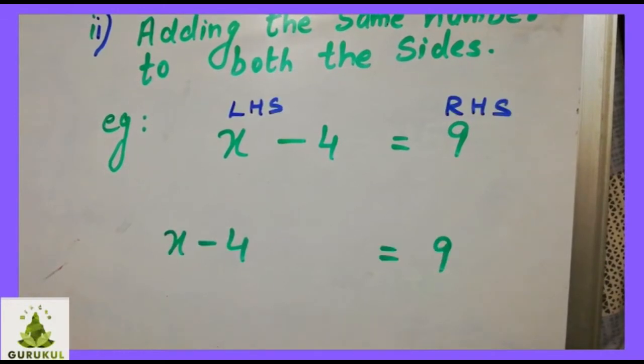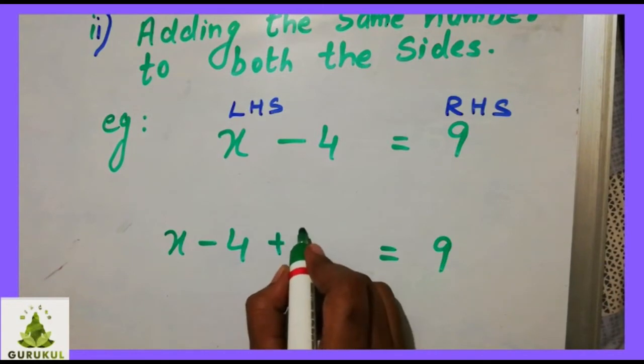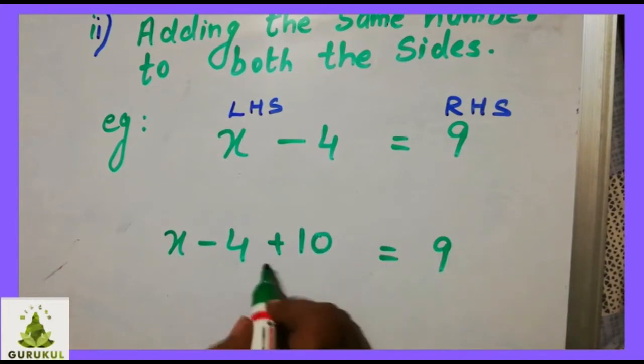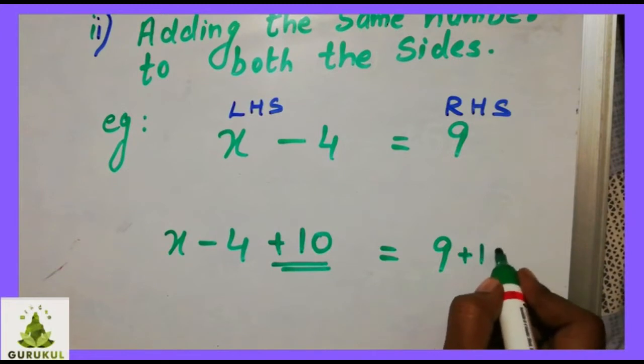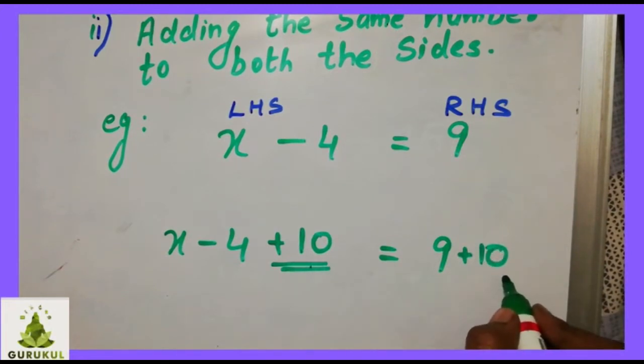For the equality to be balanced here, suppose I take 10, whatever number I take, if I am adding 10 here, I should do the same operation on the RHS also, so that both remain the same. Here I added 10, so on the RHS also you should add 10.